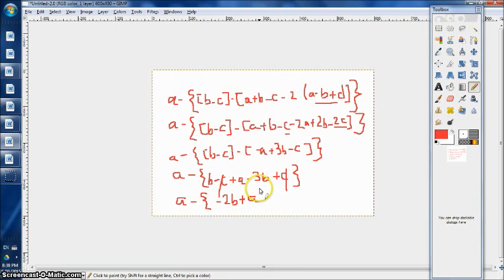B minus 3B is negative 2B, plus 8. And when you take this out, this and this cancel out, so we're left with 2B as my answer.